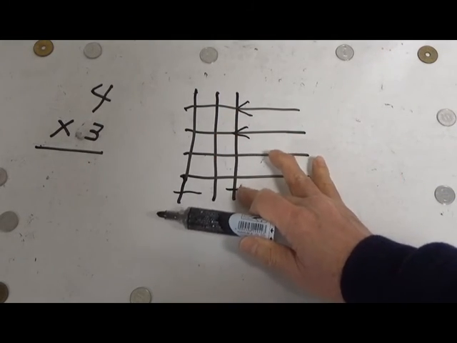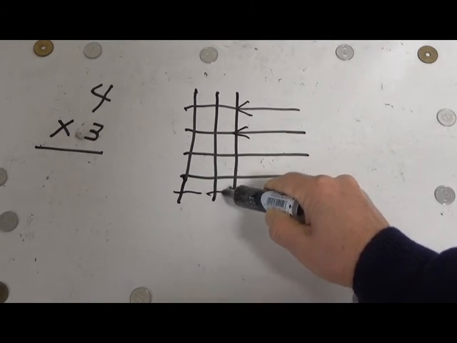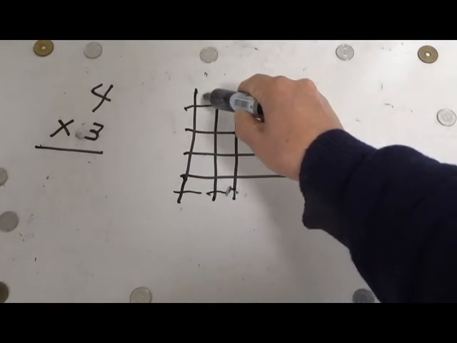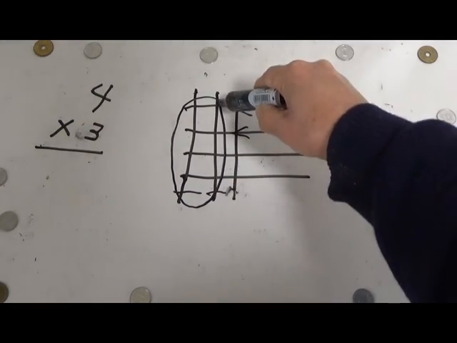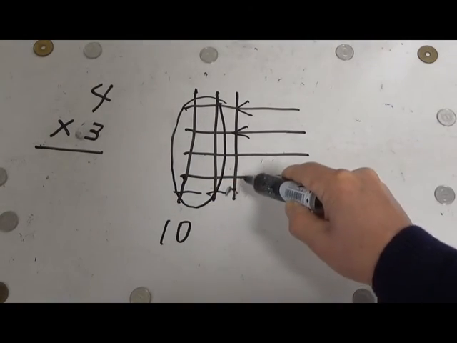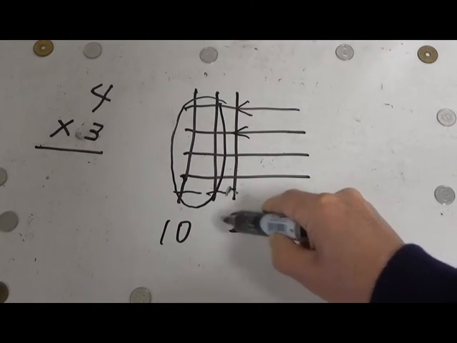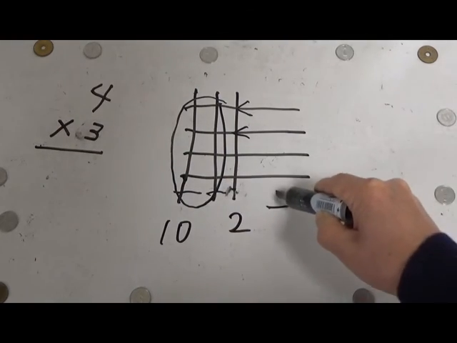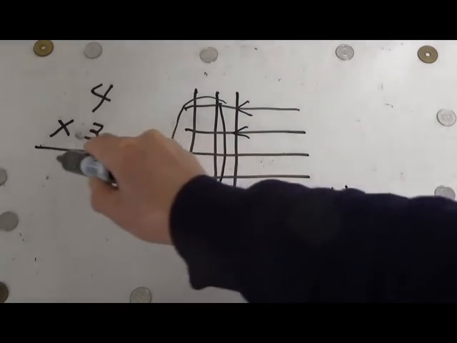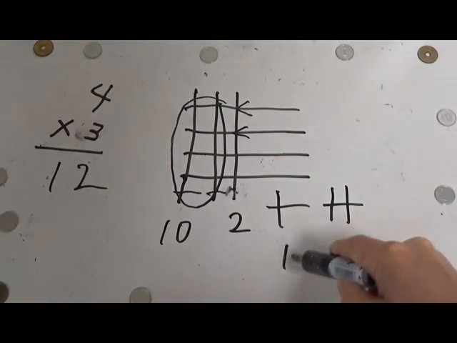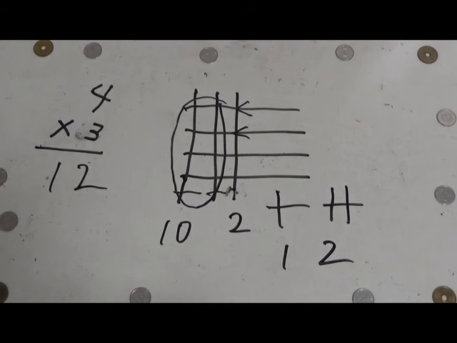Sorry, I made a mistake. 1, 2, 3, 4, 5. So this makes 10. And remaining 2. So it is 10 and 2, that is 12. These calculations follow the reference video.